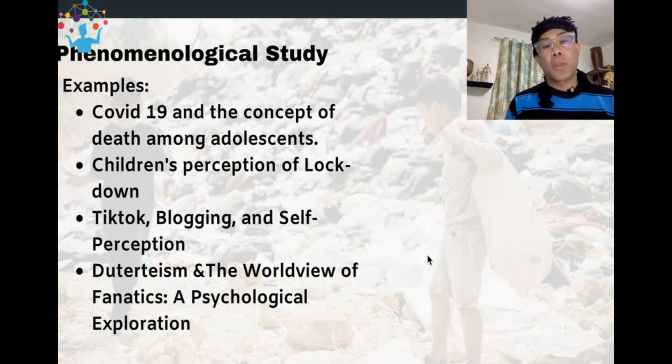So what is the children's perception of lockdown? Because children are among those very much impacted by COVID-19, because of the lockdown and the quarantine, because they cannot get out.